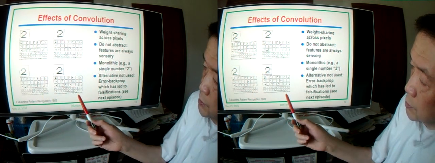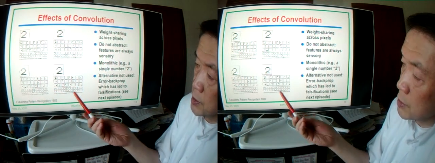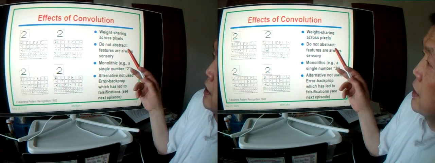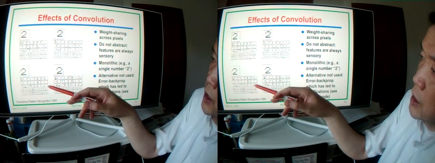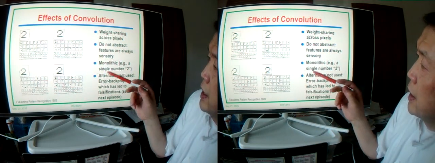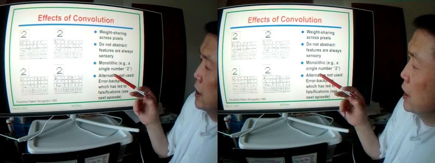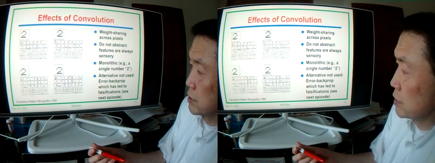There may not be just one cell; maybe you have multiple cells corresponding to the same class. It does not abstract the features, because it did not have abstraction learning. And it's monolithic. You have only one single two in there, and it cannot have two numbers. It will not analyze each number of the two, for example.